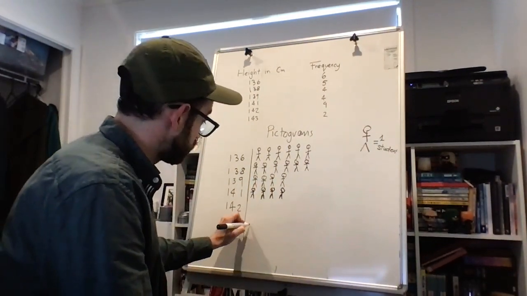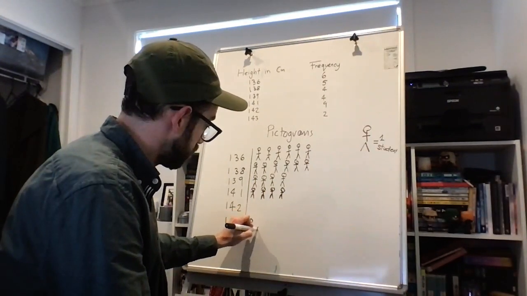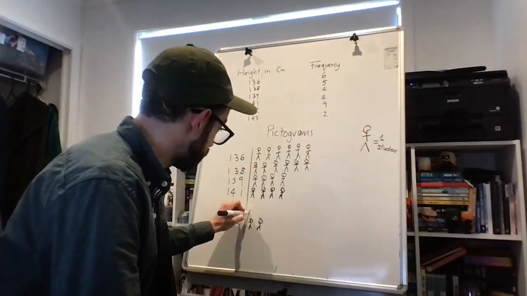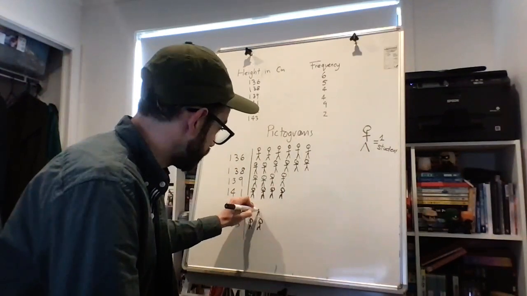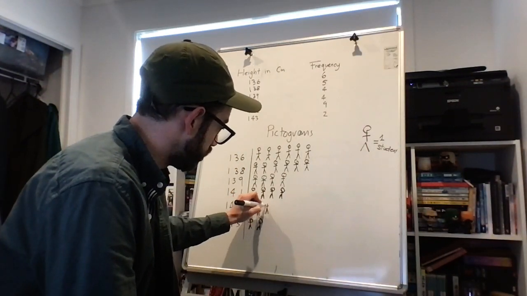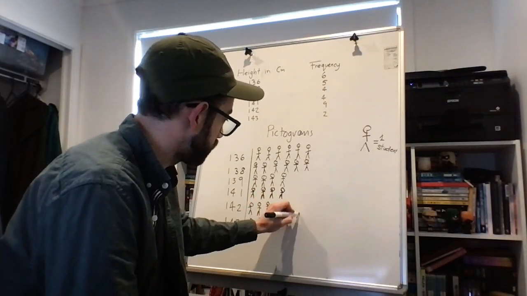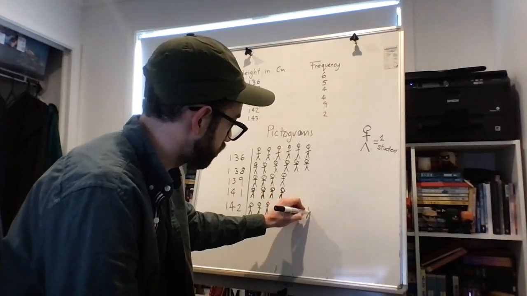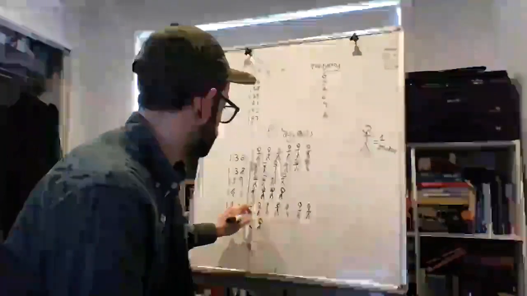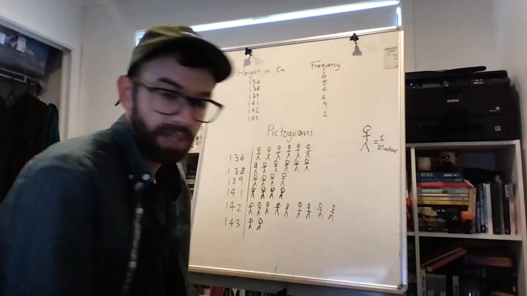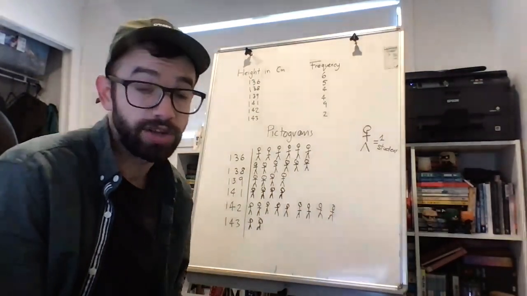Okay, I'm going to do the last one first because there's only 2. So there's 2 stick figures, and the last one here, the frequency is 9. So we need to draw 9 stick figures. So that's 7, 8, 9. So that is how you do a pictogram.